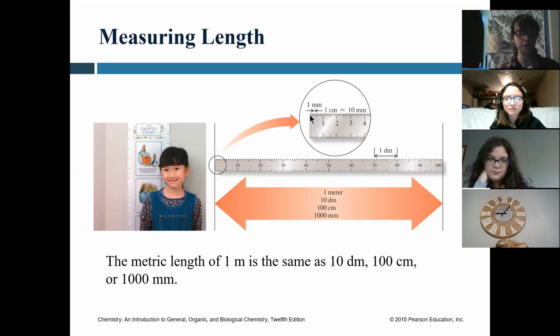So the little teeny tiny ticks, if we were to zoom in, there should be 1,000 of those within each meter stick. If I was to take this meter stick and line 10 of those meter sticks up, I would get a decameter. If I was to line 100, I'd get a hectometer. If I was to line up 1,000 meter sticks, I would get a kilometer.